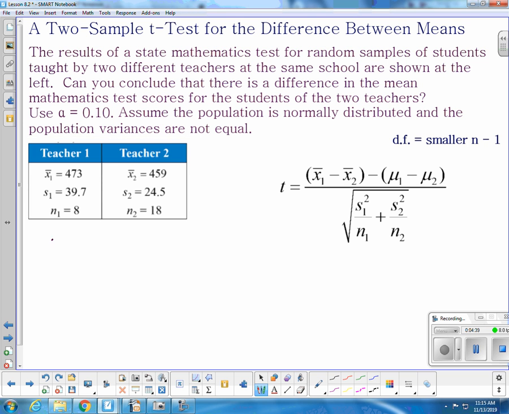So the claim is going to be there is a difference. The null is there isn't a difference. And the alternate is there is a difference. Okay? So is this a one-tail or a two-tail test? Two. So we're going to go to our T-chart.